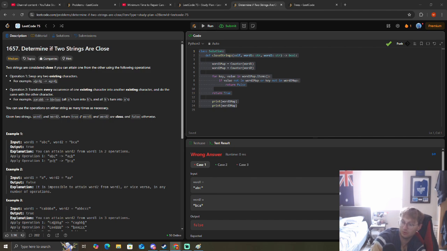It's to create two separate hash maps for word 1 and word 2, then check if the value is in both hash maps, and the key is as well. If not, return false. Is this the correct way to think about the problem?